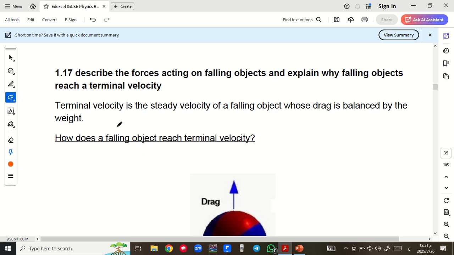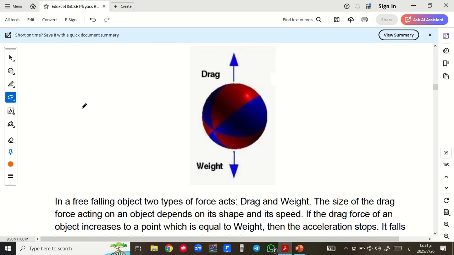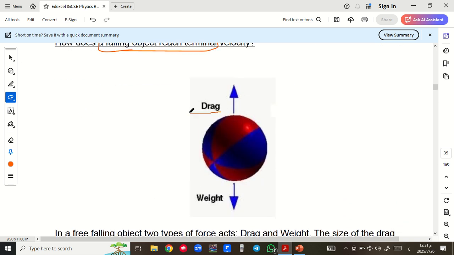Moving to the other part, free falling. Free falling has two or more forces acting on the object. The force acting upwards, we call it drag force.